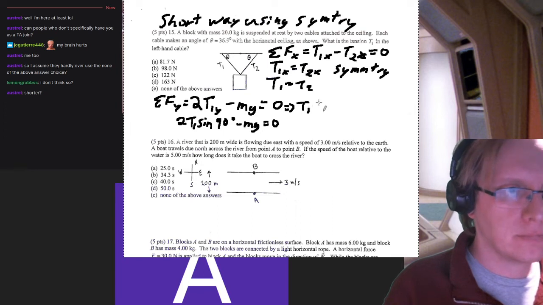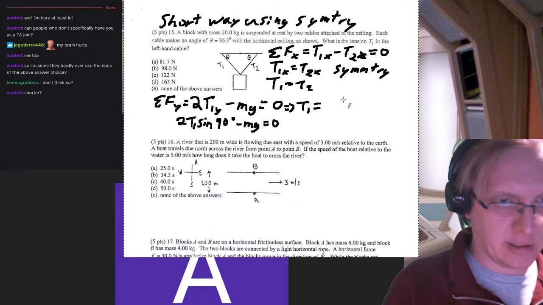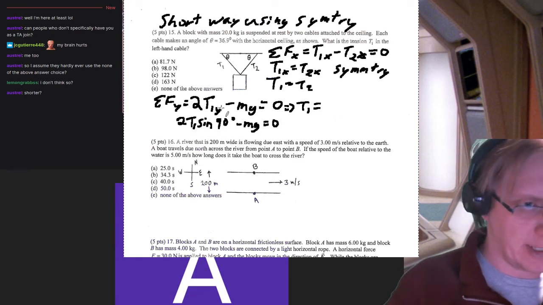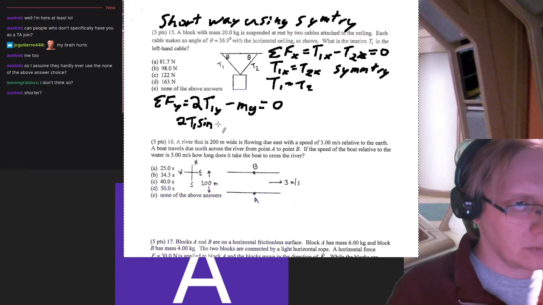Therefore, T1 is equal to mg divided by 2 sine theta. Not 90 degrees, that's not the right angle. Try that again: 2T1 sine 36.9 degrees minus mg equals 0.